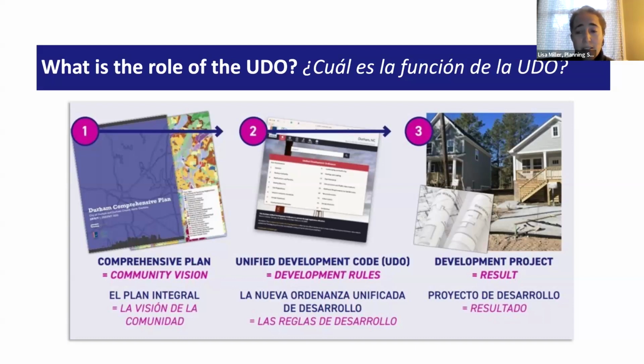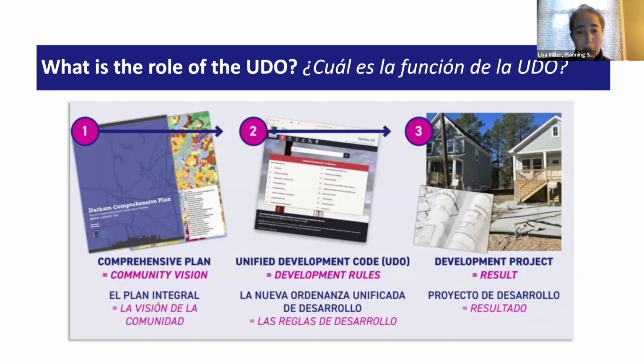As a result of this, the 2023 comprehensive plan describes our community's vision for Durham going forward, and it's focused on equitable outcomes, particularly ensuring the vision represents the needs and priorities of residents who've not had a say in past plans.